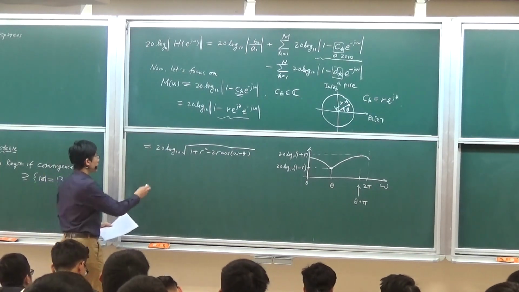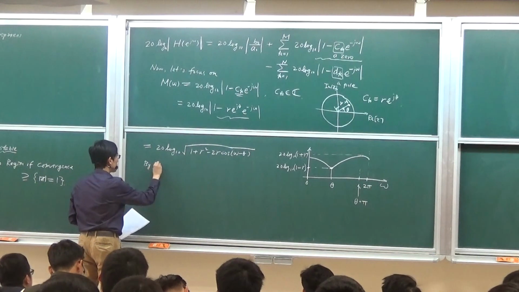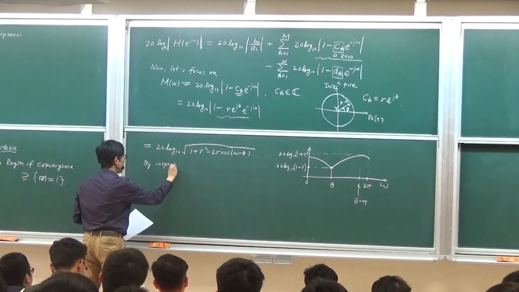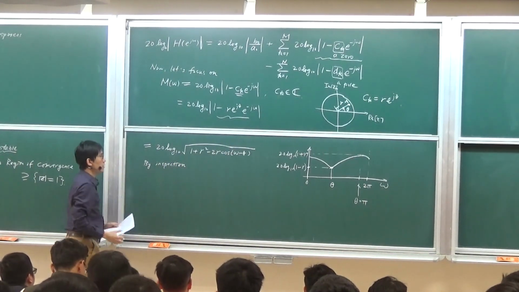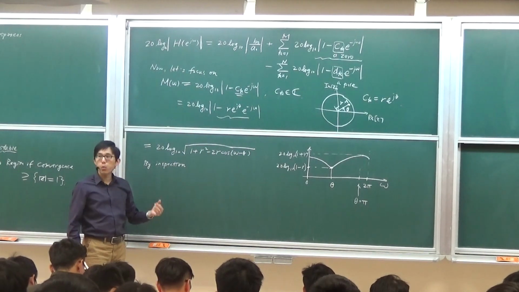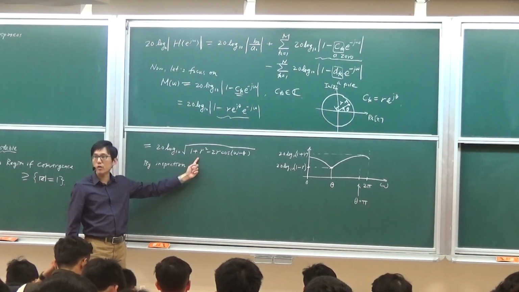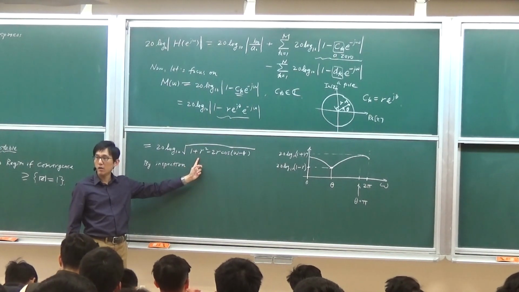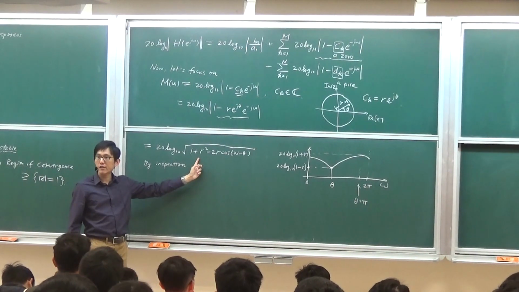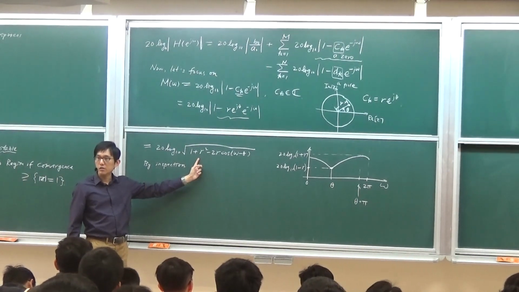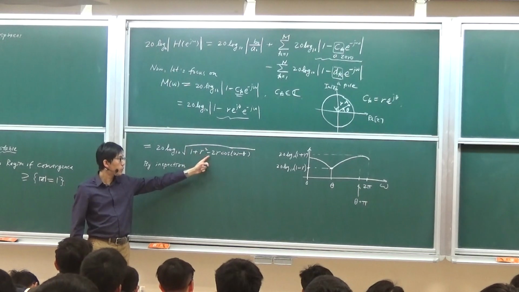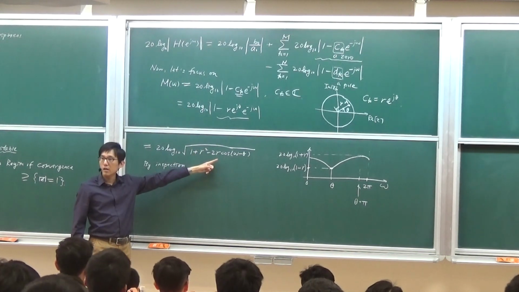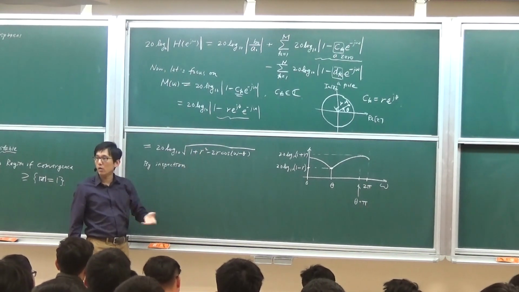And so just by inspection, if I ask at what frequency does this expression reach a minimum and maximum? This is 1 plus r squared plus something times 2r cosine, and cosine is between minus 1 and 1.